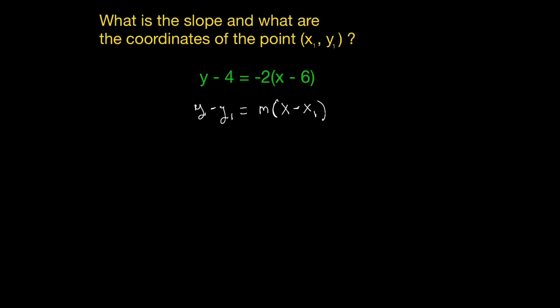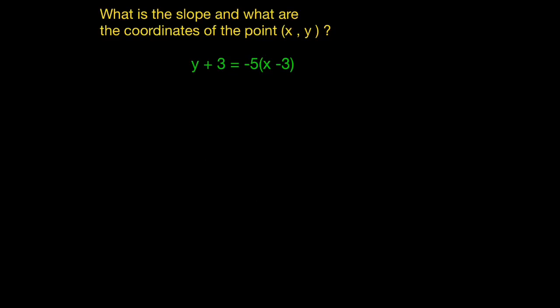Now I'm just going to match all of the variables to the numbers in the equation that we were given. y1 is the same as my 4, x1 is the same as my 6, and m is the same as my negative 2. So m is equal to negative 2, x1 is equal to positive 6, and y1 is equal to positive 4. I can write these as a coordinate, 6, 4.